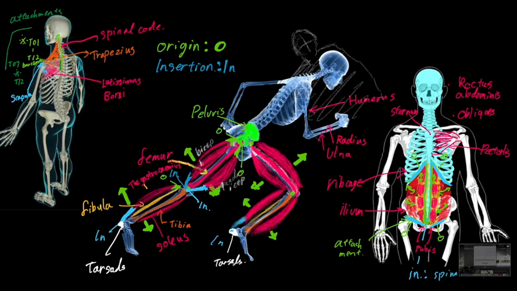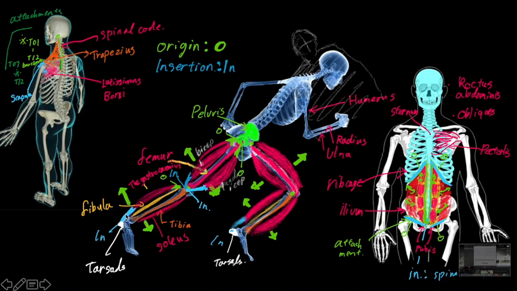Then the insertion of the gastrocnemius is the Achilles tendon, which is connected to the heel, and then the soleus is also connected there, and these two muscles are connected to the fibula or tibia.